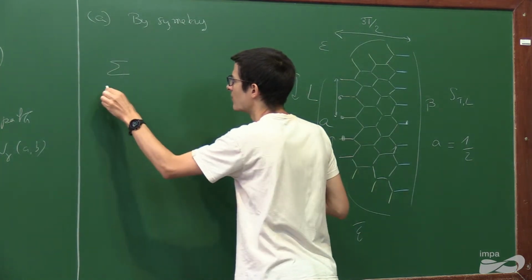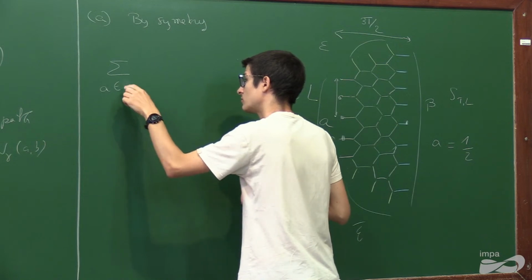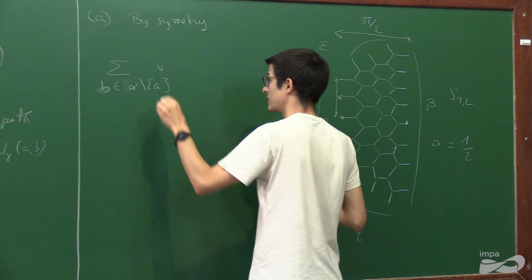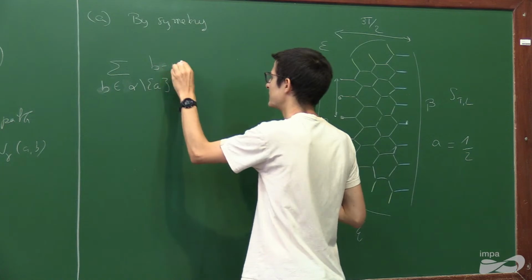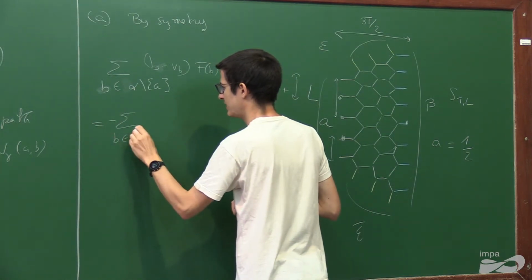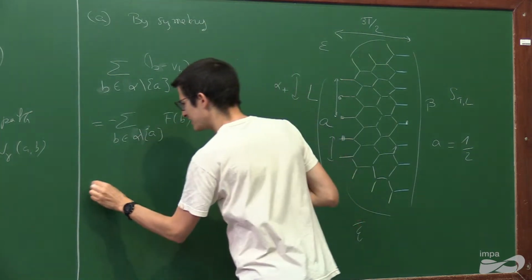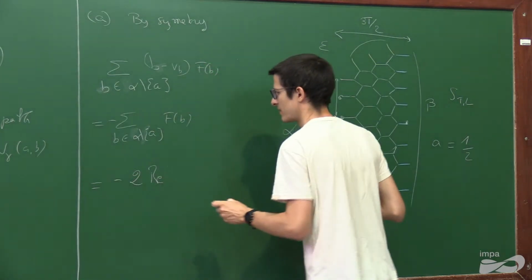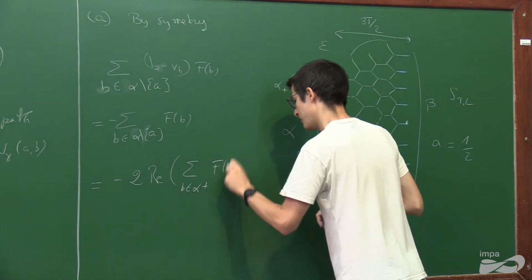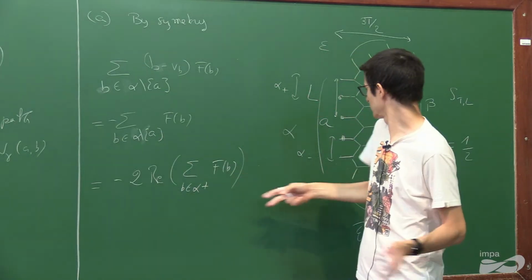you have that the sum over B in alpha minus A of B minus VB times f of B is equal to minus the sum over B in alpha minus A of f of B. And it's equal to minus twice the real part of the sum over B in alpha plus of f of B. I mean, this is equal to the sum over B in alpha plus and the sum over B in alpha minus, with my definition.